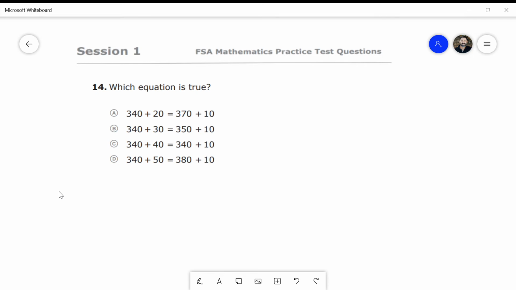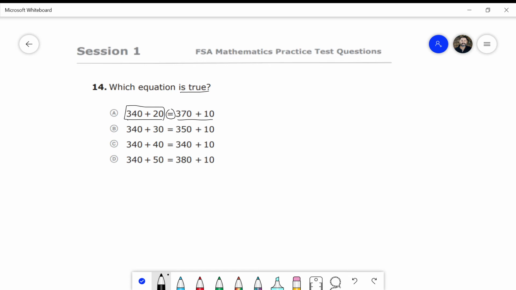So number 14 says, which equation is true? Just a little review. An equation is referring to a math problem that has an equal sign, right? And so we have a math problem on both sides of the equal sign. They want us to see which one is true, and what they're referring to is if you just solve the problem on the left side of the equal sign, you're going to get an answer.